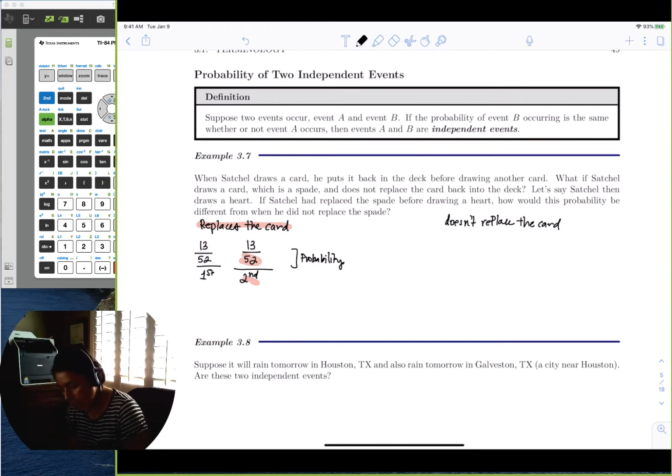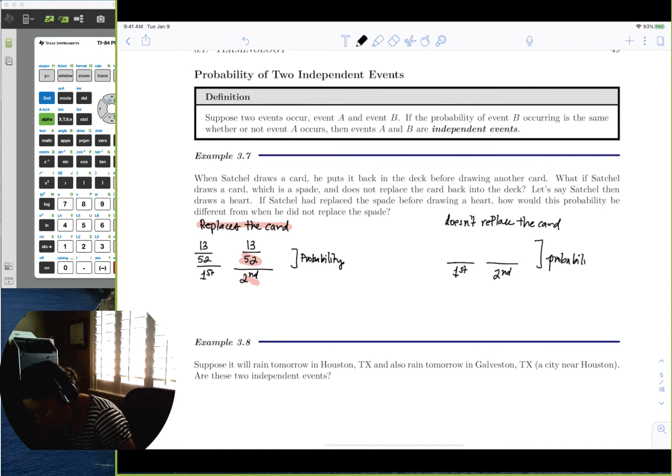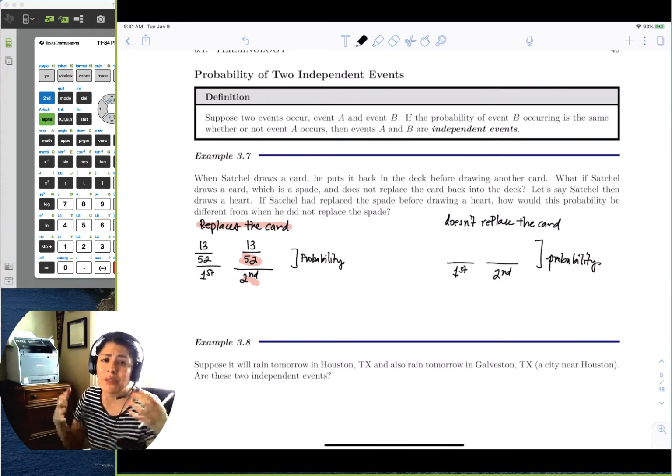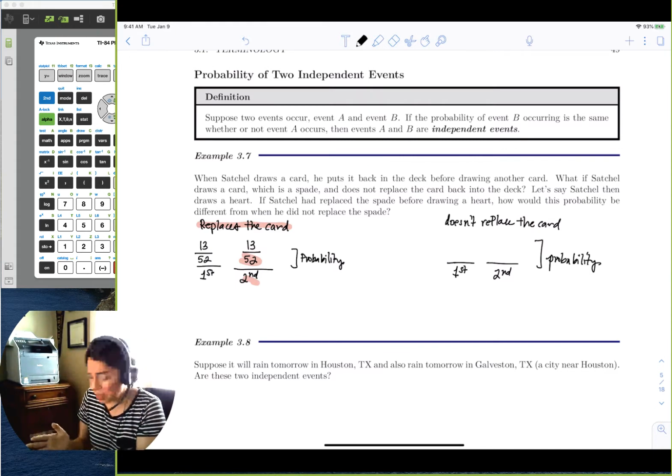Okay, now let's look at when he doesn't replace the card. So now he's drawing two cards, on the first and second draw, and these are the probabilities. On the first draw, it's going to be the same, right? Because there are 52 cards in the deck and there are 13 spades in there.